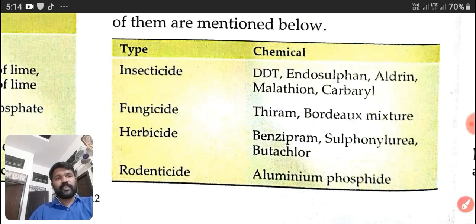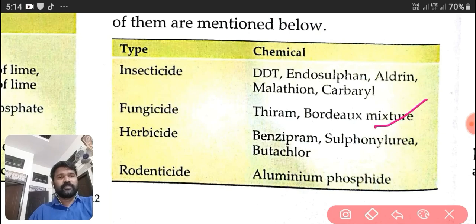For fungicides, Thiram and Bordeaux mixture. Herbicide examples: benzipram, sulfonylurea, butachlor. Next one, rodenticide: aluminum phosphide. These are the examples of pesticides.